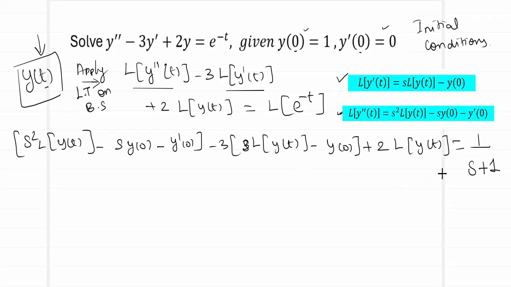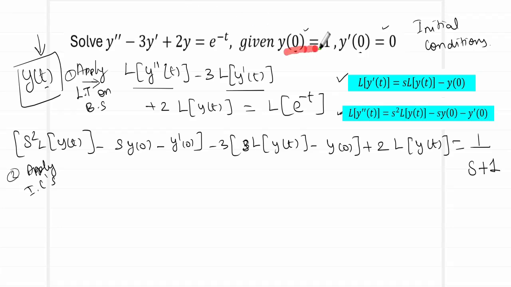Now what will be the next step? The first step, we have applied Laplace on both sides. The second step will be to apply what is given as your initial conditions. What are going to be my initial conditions? I have my initial conditions as y of 0 is 1 and y dash of 0 equal to 0. We will try to apply these two conditions over here.